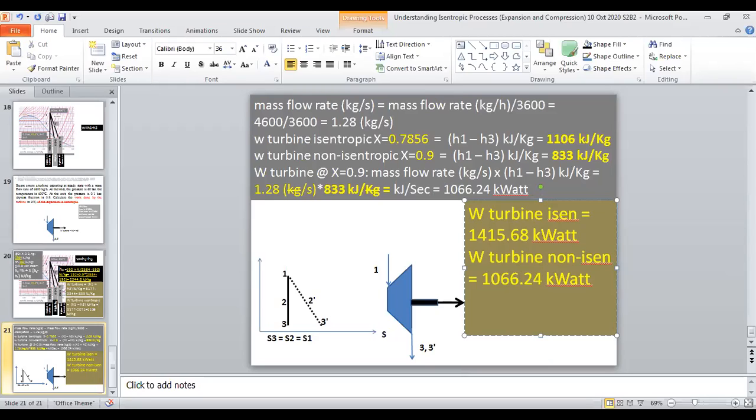Okay, so that's why. From the ideal, isentropic is considered ideal, and non-isentropic is considered actual.